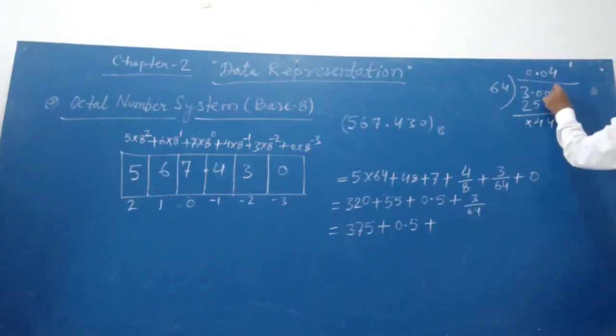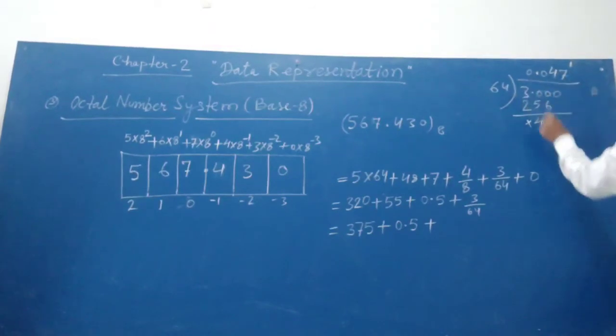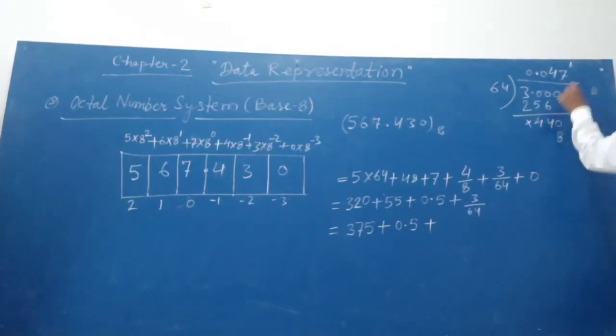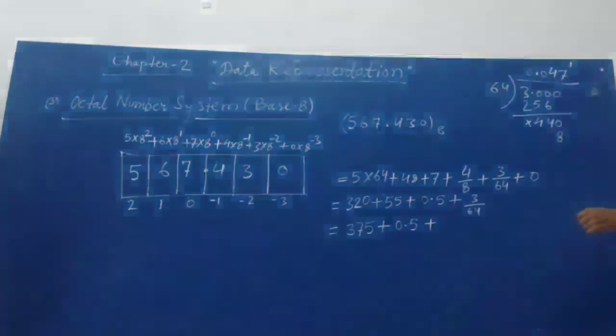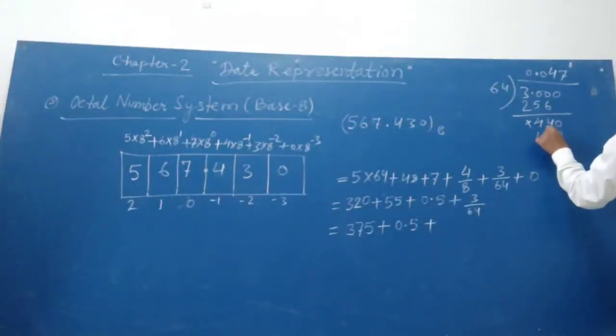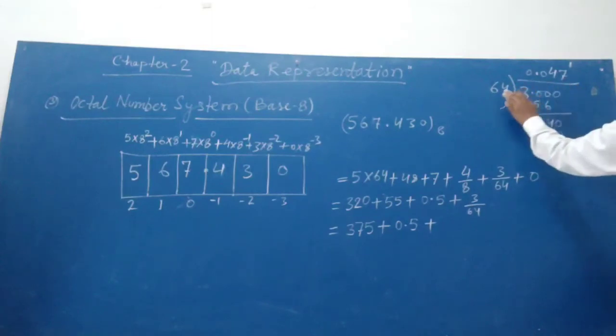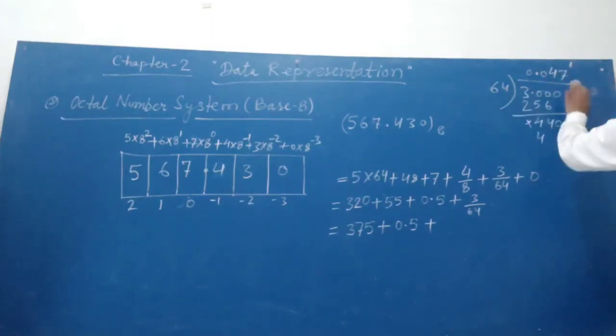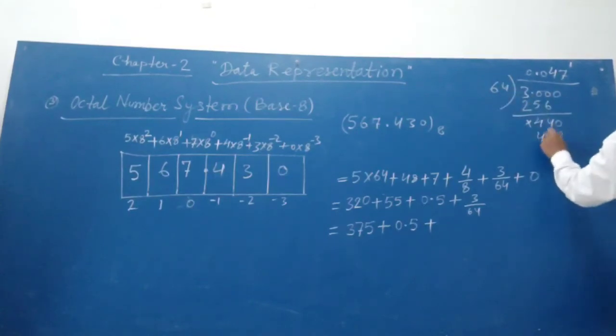Again we put a 0 and calculate. 7 times 4 is 28, 7 times 6 is 42, and 2, so the value is increased.